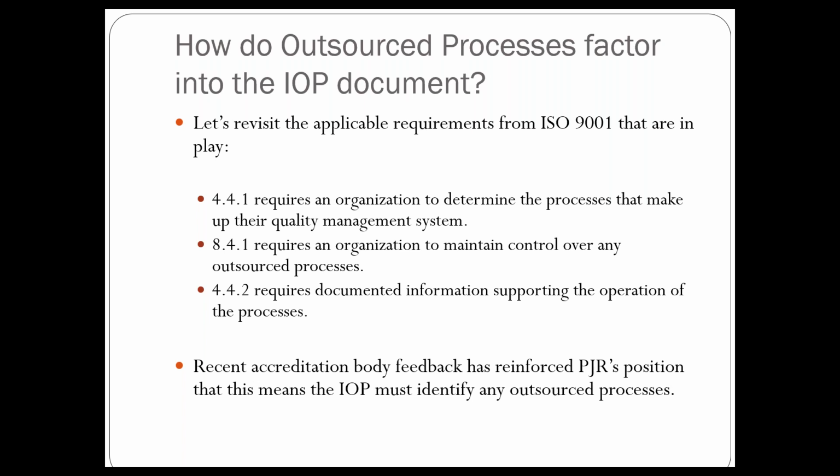In 4.4.2, again, it requires documented information supporting the operation of your processes. So what this means is we need to see that your interaction of process document identifies what is outsourced, either directly on the IOP itself or in something that can be directly tied back to the IOP.